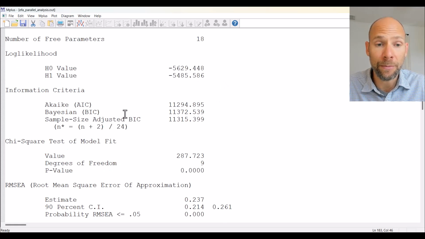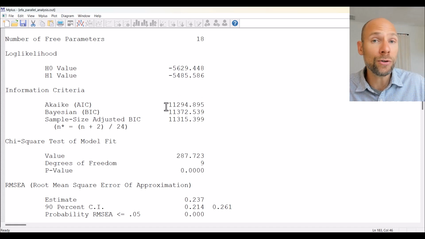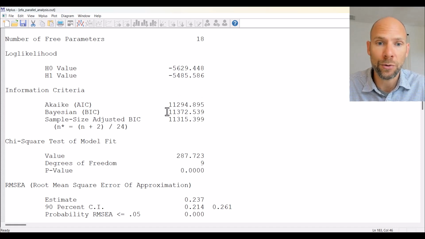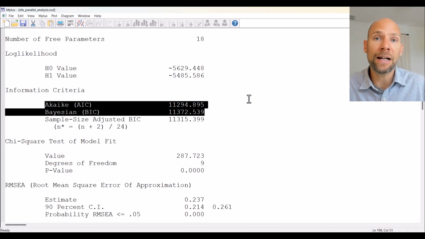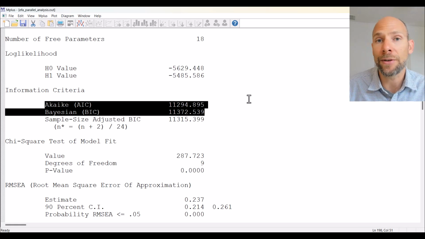We also find information criteria that we could use to compare different factor solutions. For example, we could look at the AIC or BIC values for different numbers of factors, and then we would select, based on that criterion, the factor solution that has the lowest value of either AIC if we're using that, or BIC if we're using that as our criterion.